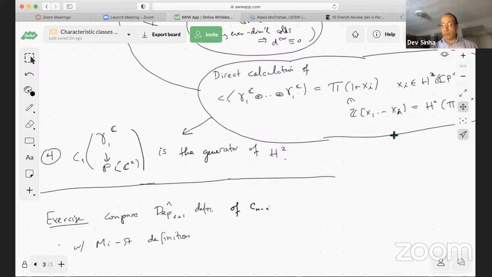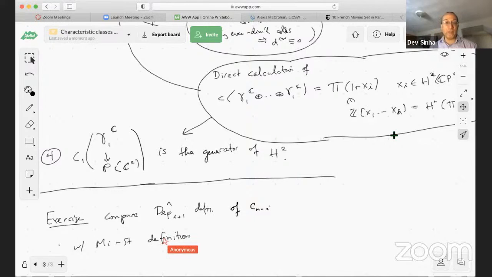It's good to go through some of this, but for that definition to work, you do have to develop the Gysin sequence. It's not so bad. And this definition works for Stiefel-Whitney classes as well.